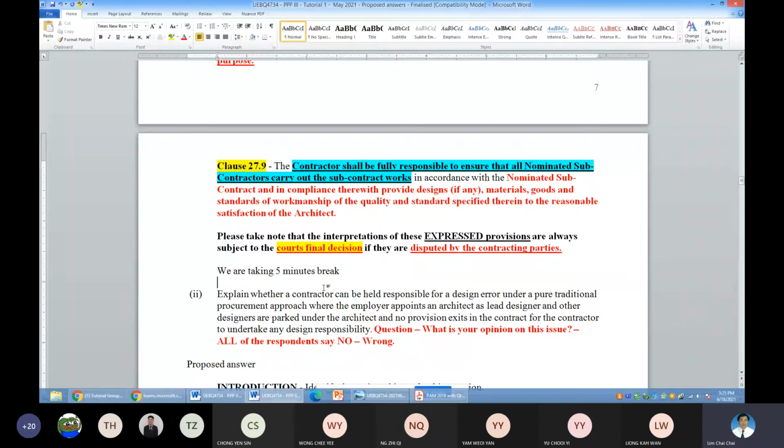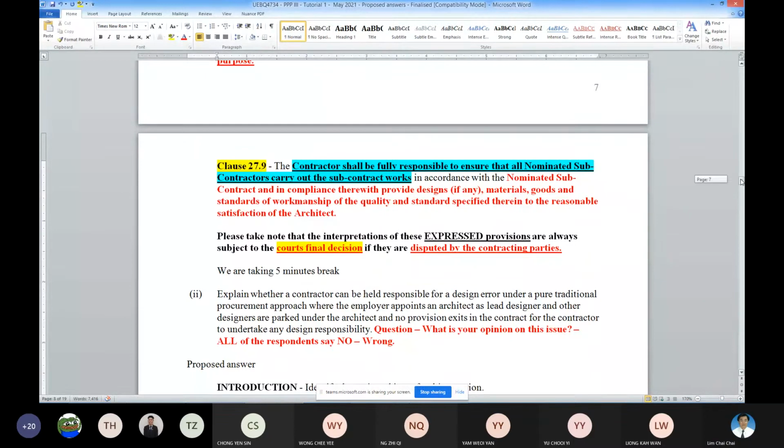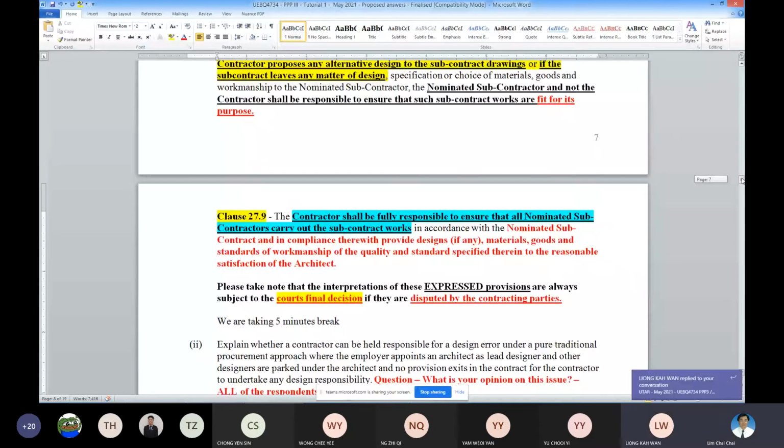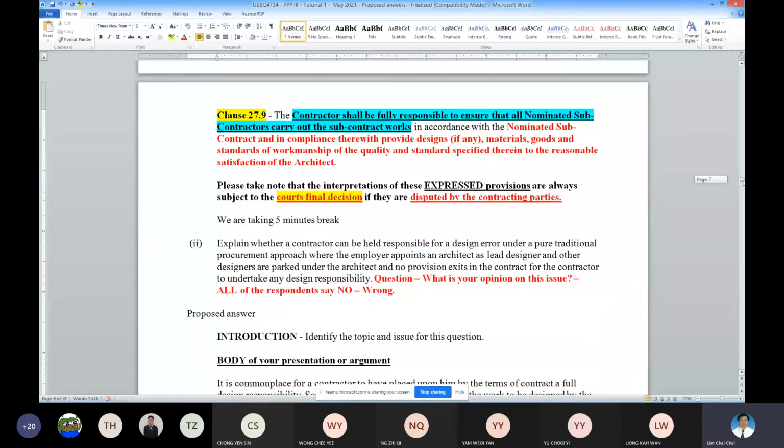Can you see the screen share? Please respond. Can you see the screen share? Can or not? Yes, sir. Can. Okay, good. Thanks. And we go on to the next part.